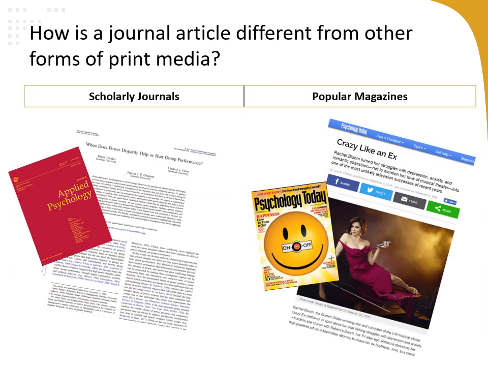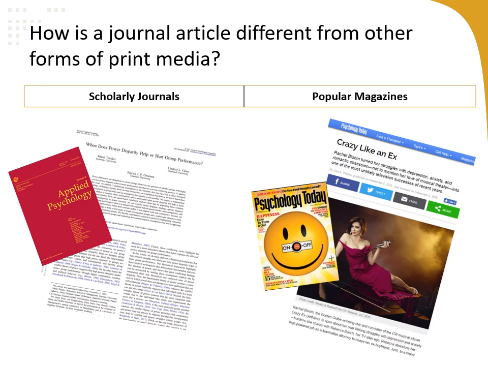So as you can see here, a scholarly journal is really text-based. It's not very sexy. There's no frills. It starts with an abstract. You're going to see authors with an institutional affiliation, or where they're doing their research, what college or university they work for. Then popular magazines often have catchy graphics and are kind of more fun looking, to be honest, and aren't so academic.